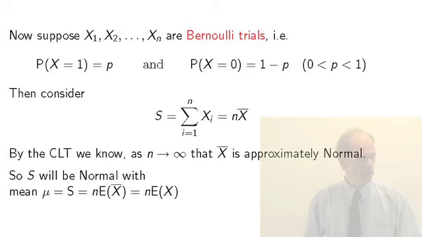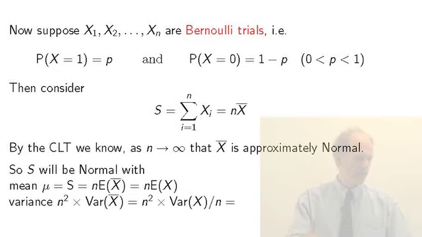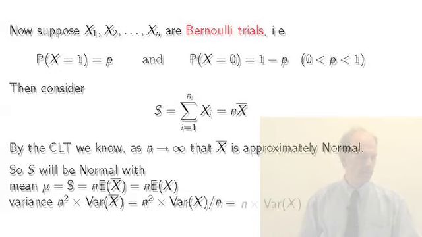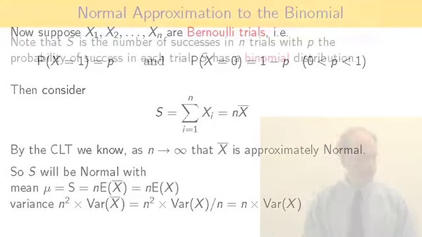So that's n times the expected value of x. The variance is n squared times the variance of x bar, which is n squared times the variance of x over n, and that's n times the variance of x. So we have the distribution of S is normal with a given mean and variance.